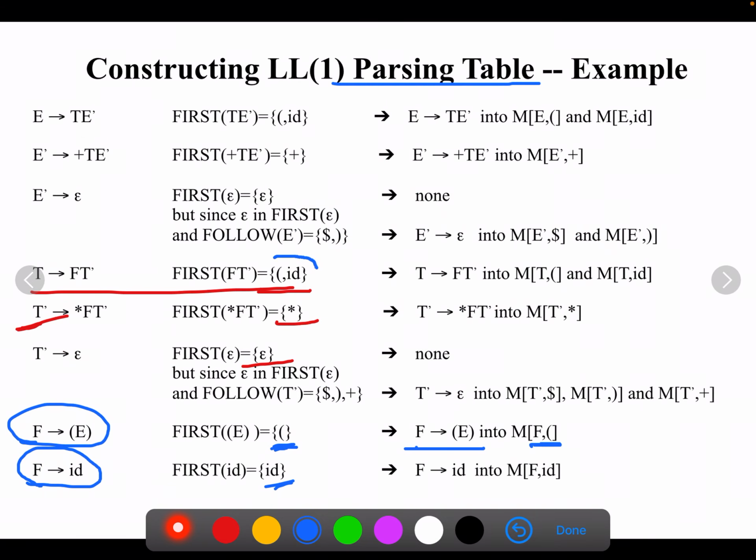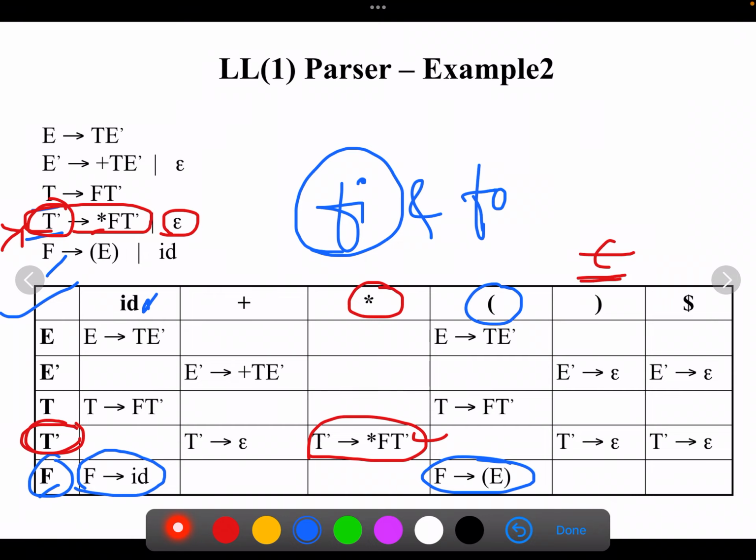Moving to next. So first of T is opening parenthesis, this is the production which gave me parenthesis, and this is the another production which gave me star. So write the appropriate production. T on closing parenthesis. Okay, let me use another color. T on this, you have to write this.